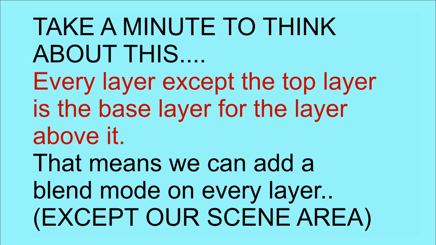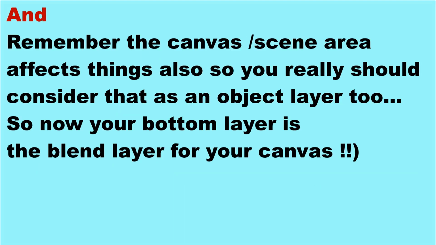Every layer except the top layer is the base layer for the layer above it. So that means that you can add a blend mode on every layer, of course, except for our scene area. And remember, the canvas or the scene area affects things also. So you really should consider that as an object layer too. So now your bottom layer is the blend layer for your canvas. So just think about this.